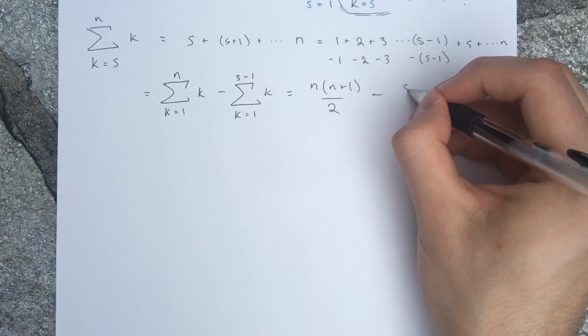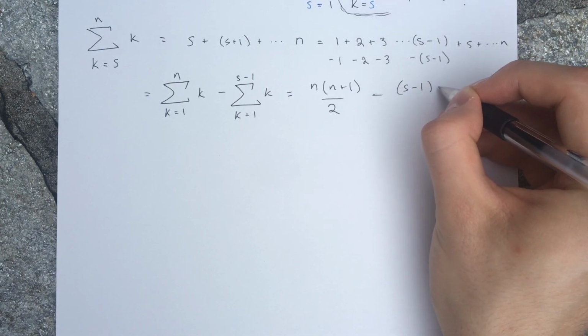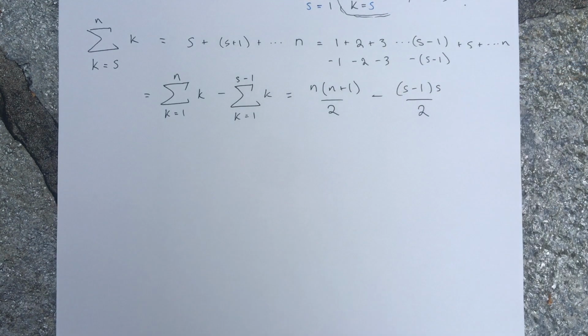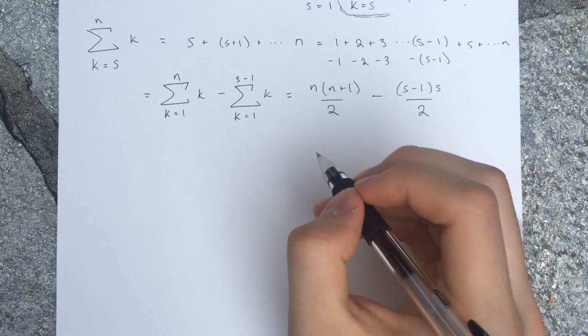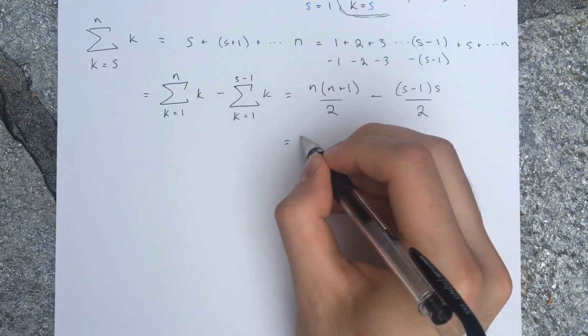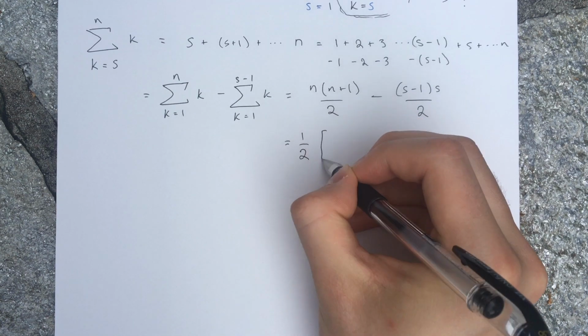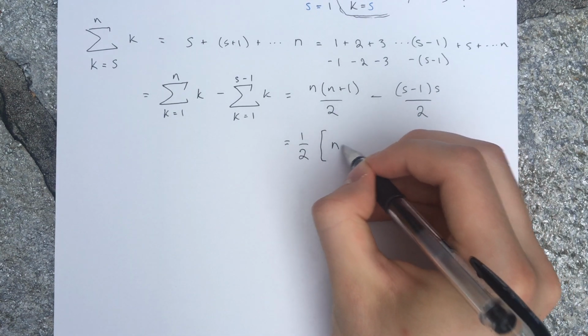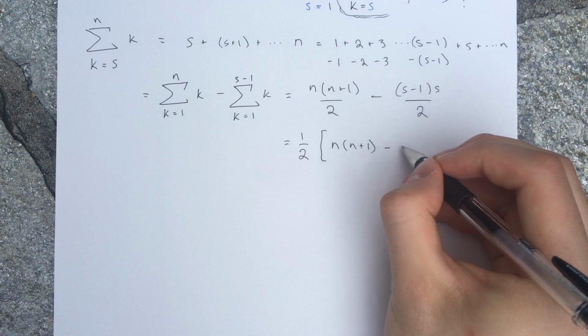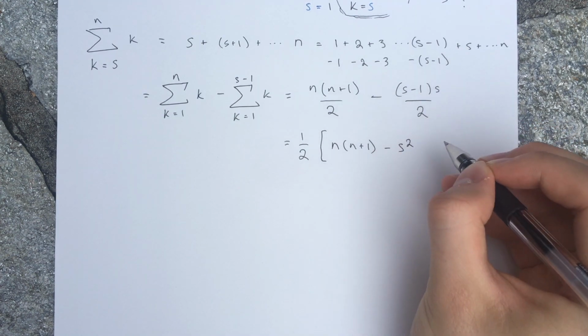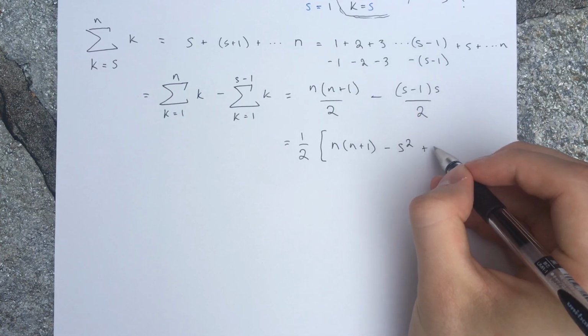So here we'll just have s minus 1 times s over 2. And now let me just rewrite this really quickly. This is just the same as 1/2 times n times n plus 1, and then we have minus s squared plus s.